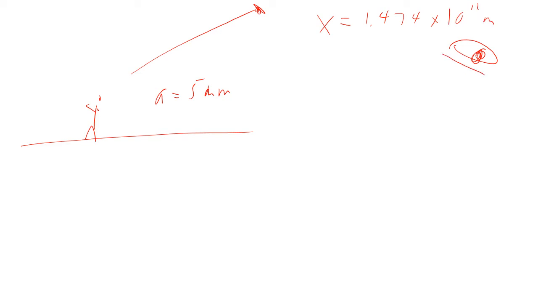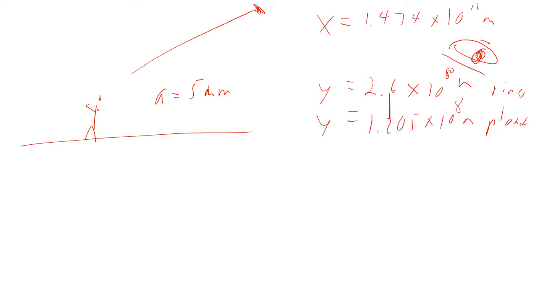The rings, if you look at the rings from one side to the other, y equals 2.6 times 10 to the 8th meters. For the planet alone, it's 1.205 times 10 to the 8th meters.